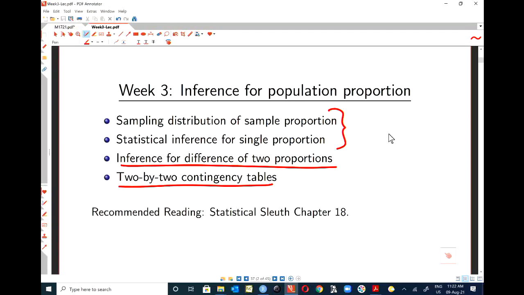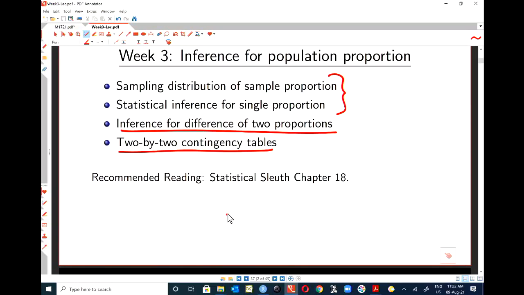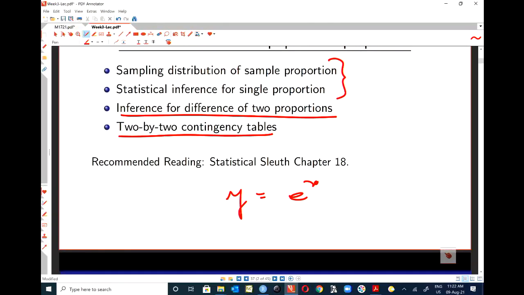What you're trying to say is that y is equal to e to the x. That means the log of y is equal to x. You're trying to model it that way instead of modeling it the other way, right? That makes it linear in x with taking the log.